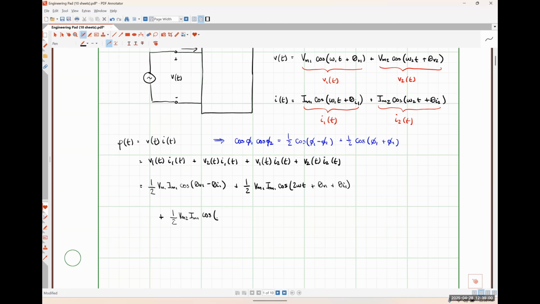So I'm going to lump those frequencies together, and this is going to look like omega 2 minus omega 1 t, and then I'll have theta v2 minus theta i1. So one thing that we can see here really quickly is that when we have these cross frequency terms, it's going to give us two sinusoidally oscillating terms instead of a DC term and a sinusoidally oscillating term.